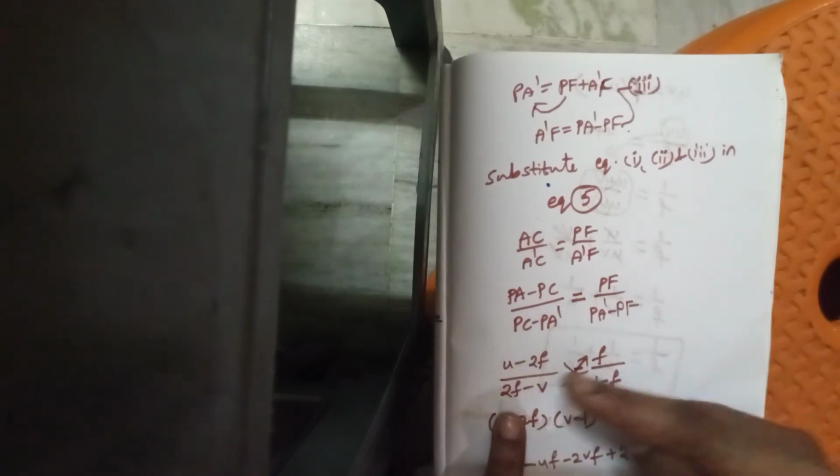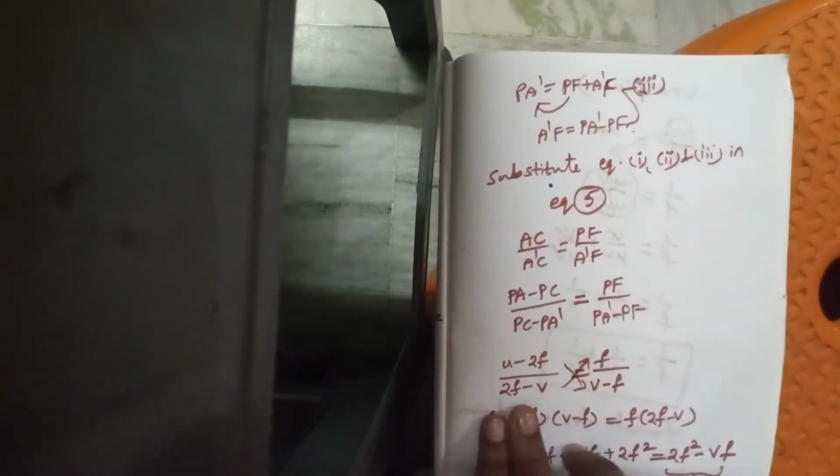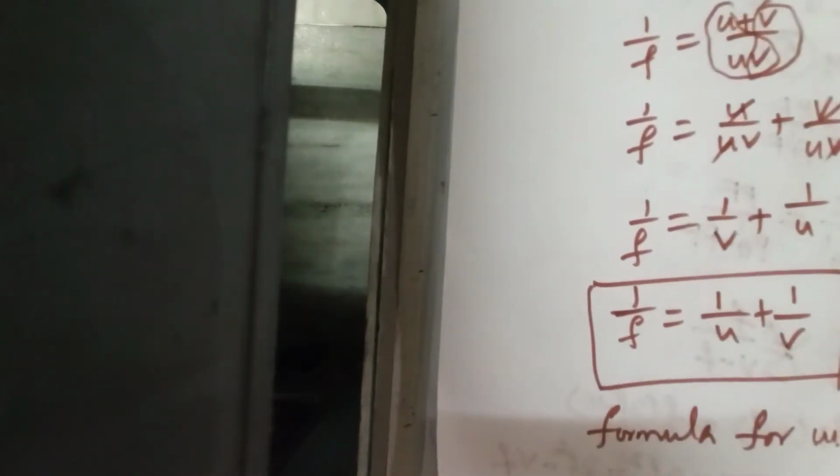So we will get U minus 2F by 2F minus V. I am taking PA, PC, PA dash, image distance, object distance, focal length and radius of curvature all from the figure only. This is the regular mathematical solution. Finally we got the relation between the focal length, image distance and object distance. This is the mirror formula.